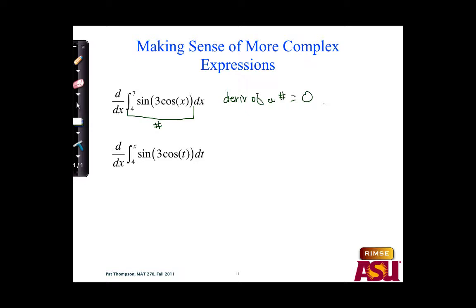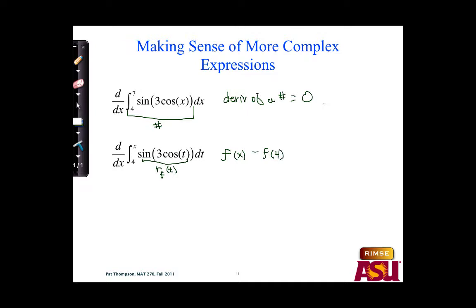It's from 4 through x. So let me say that this is called r sub f of t, meaning it's the rate of change function for some mystery f. Do I know what f is? No. But if I did, I'd evaluate this by finding f at x and f at 4 and subtracting.